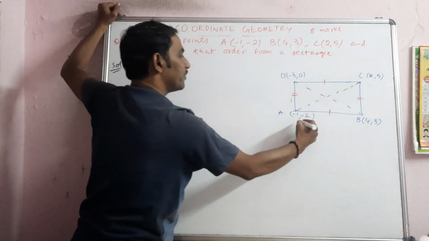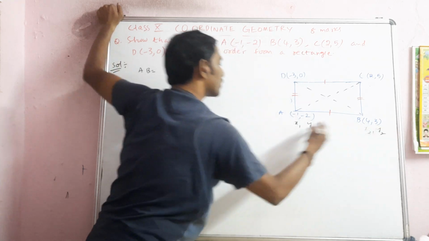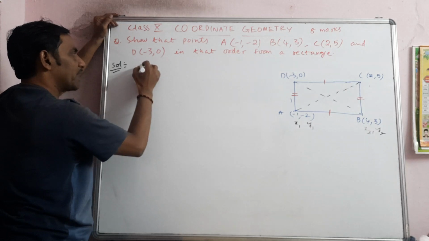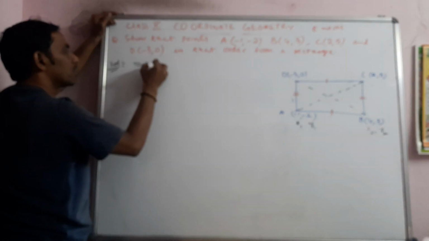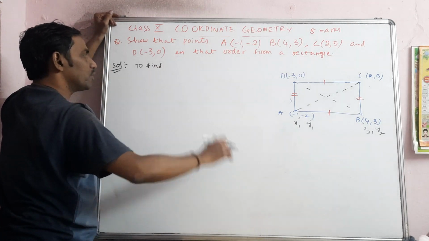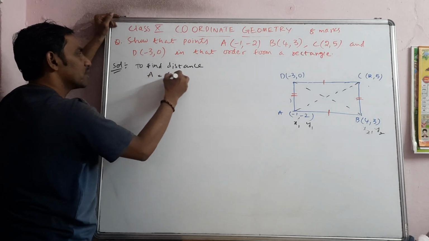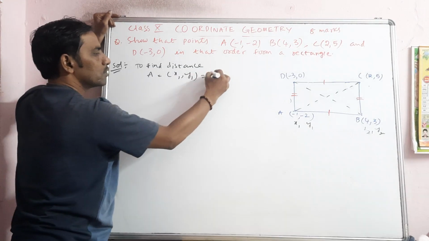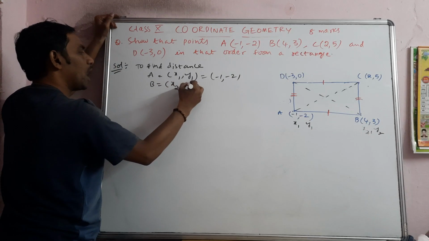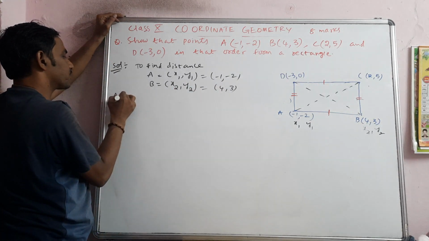How will you find the AB distance? In the exam you can write like this: when you are going to find the distance of AB, that time only you take A as x1 comma y1, equal to minus 1 comma minus 2, and B as x2 comma y2, equal to 4 comma 3, and find the distance AB.